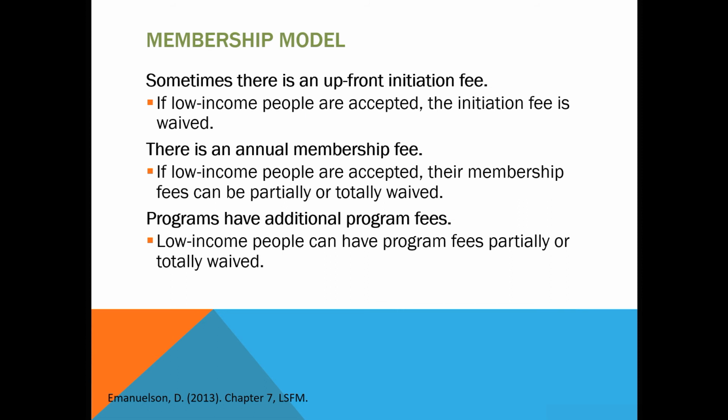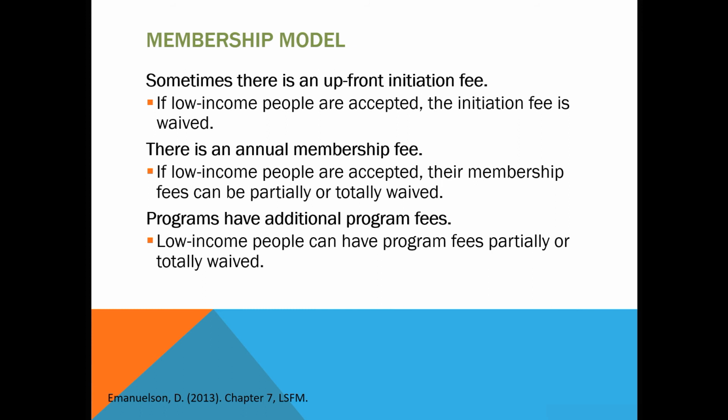So in the membership model, there's sometimes an upfront initiation fee, like the one-time cost to join. This is often used, especially if it's a country club or that sort of thing. But in places like the YMCA, often if low-income people are accepted, or are part of the not-for-profit mandate, then that is waived, or they don't even do that.